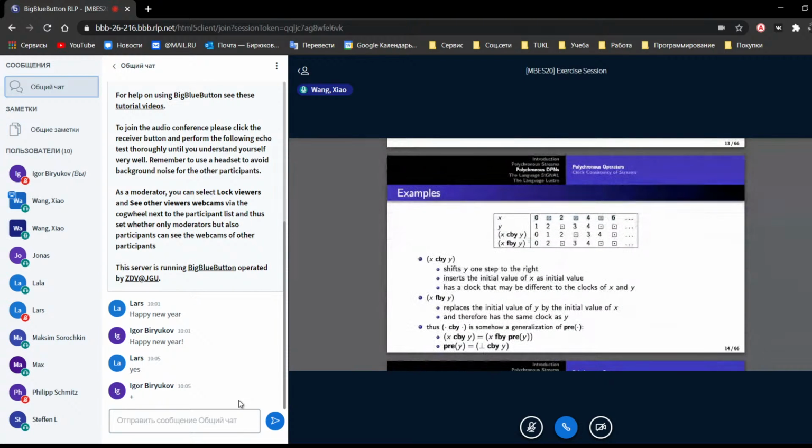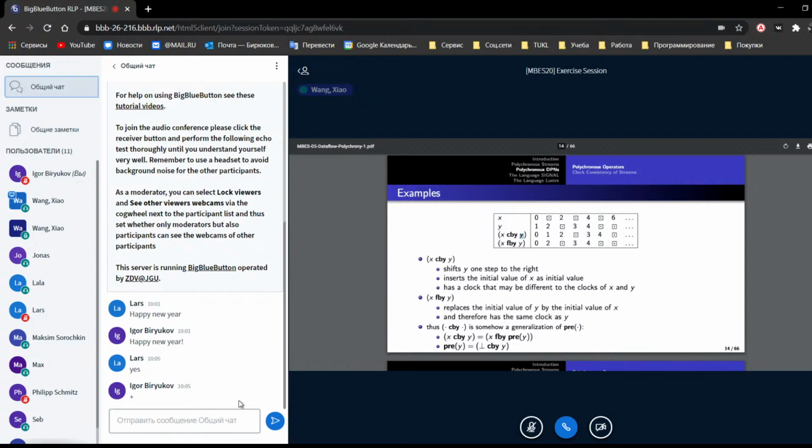So for x, it shifts the stream y one place to the right. It's actually not using the current value of y, it's using the previous value of y. So that should be fine.